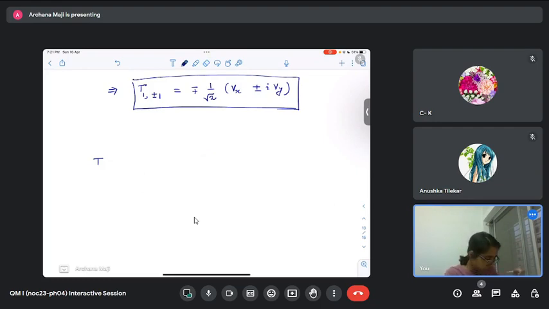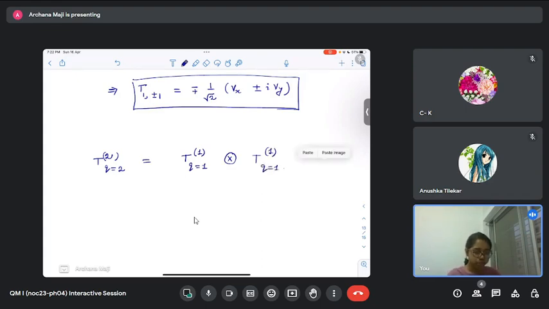So k I'm using in the superscript. So a spherical tensor of rank 2 with q equal to 2 is nothing but a spherical tensor of rank 1, q equal to 1, tensor product a spherical tensor of rank 1, q equal to 1.